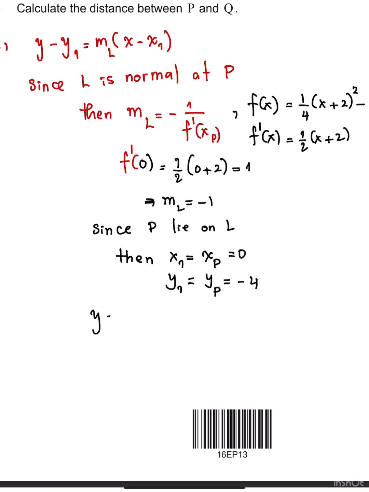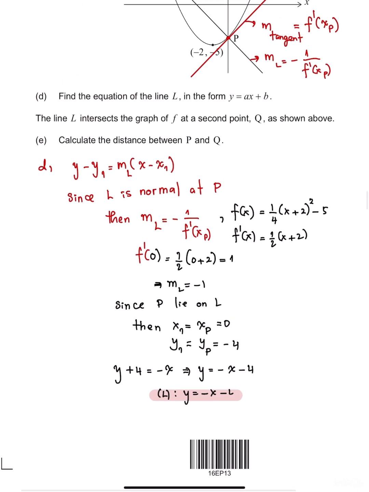So y plus 4 equals negative x, that means y equals negative x minus 4. So L is y equals negative x minus 4.